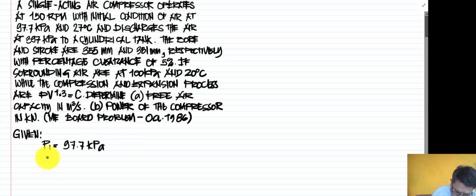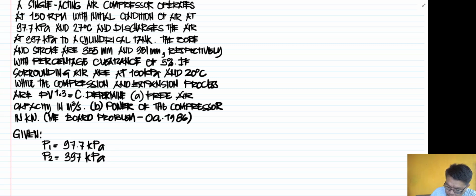So we have a pressure of 97 kPa for our initial state. Then for our P2, we have a discharge of the air at 397, so that will be our P2, or pressure at point 2.